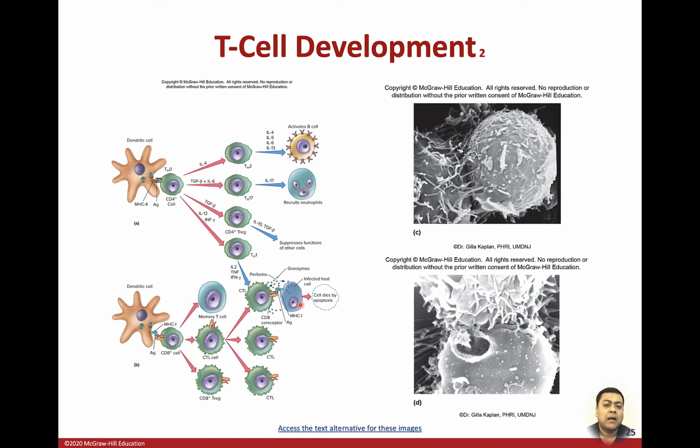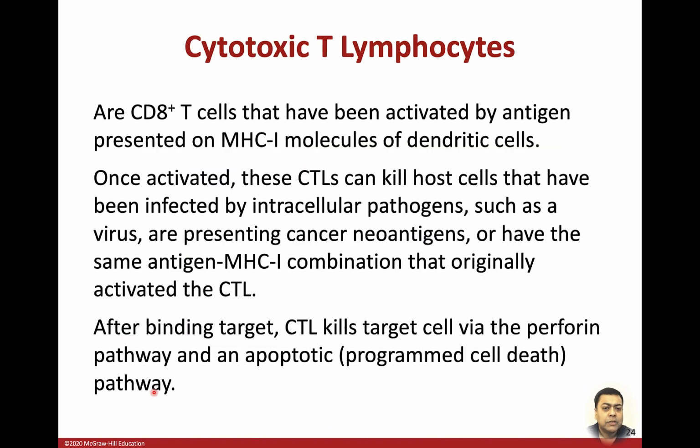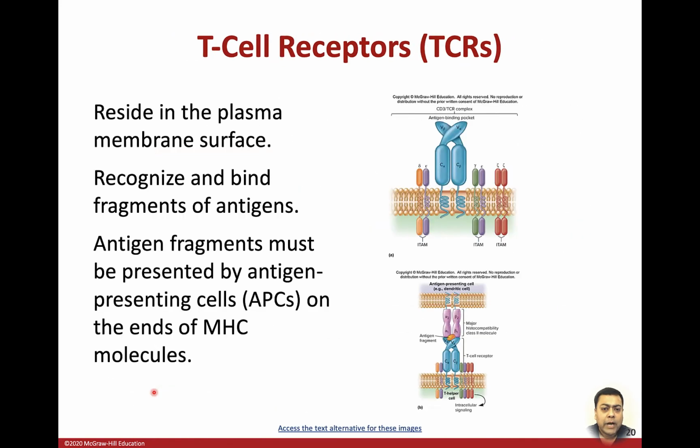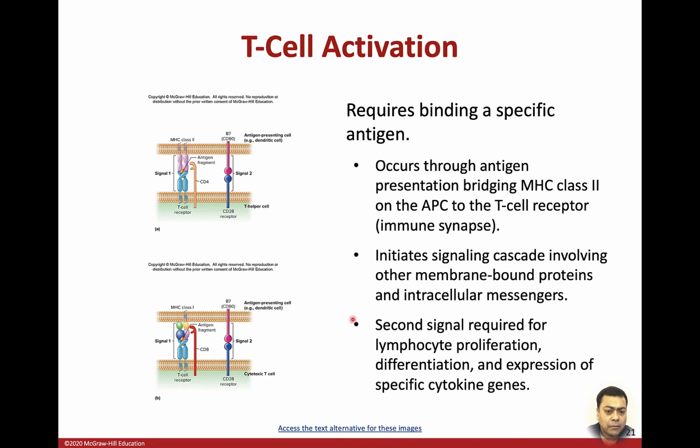Let's scoot back a couple of slides to understand why this difference happens. Right here we are seeing an antigen presenting dendritic cell, which has the MHC class 1 presented to the T cell receptor. See that there is an additional molecule, B7 or CD80, which is recognized by the CD28 receptor.